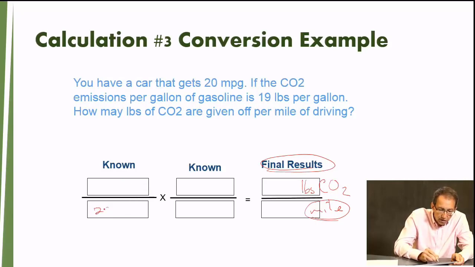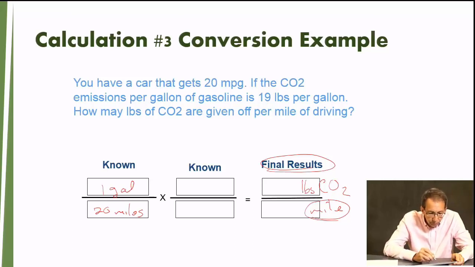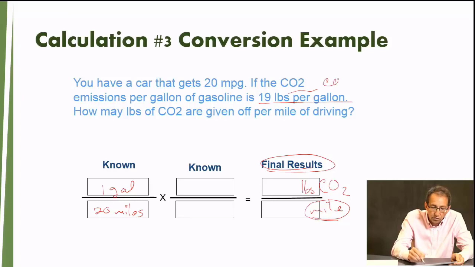I'm going to go 20 miles per 1 gallon, right? The other thing that I know is 19 pounds of CO2 emissions per gallon. So I see a gallon up on top. I don't see a gallon over here, so I really need to get rid of that.